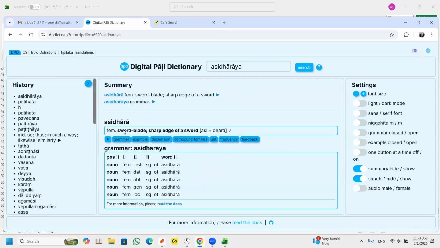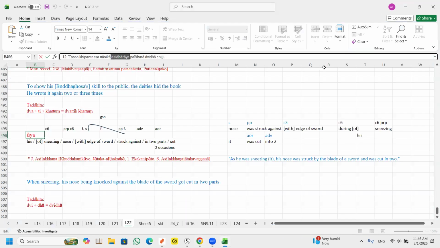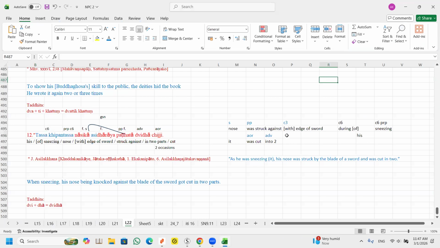Dara, that means the word dara is a feminine noun. So that's why you see in the script, that means the blade of the sword or the edge of the sword. One of them. Anyway, see, asi is sword. This is the edge of the sword.